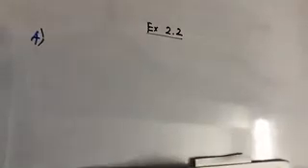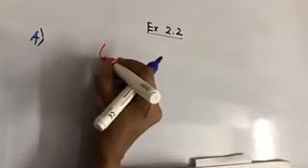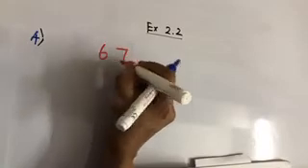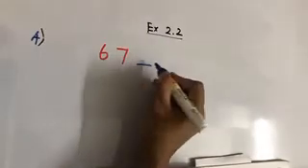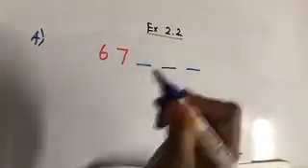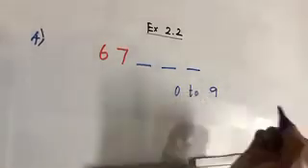We have to frame 5 digit telephone numbers, and that number should start with 67. So 2 digits they have given already. We start with 67, so the remaining 3 digits we have to frame. The options are 0 to 9.